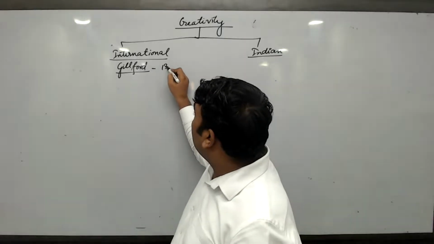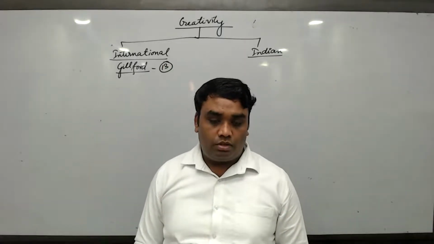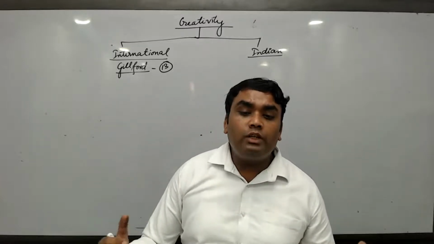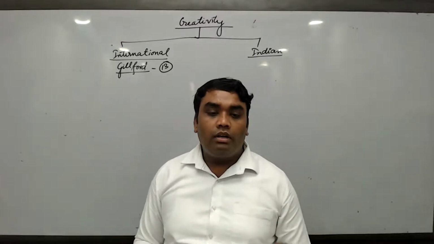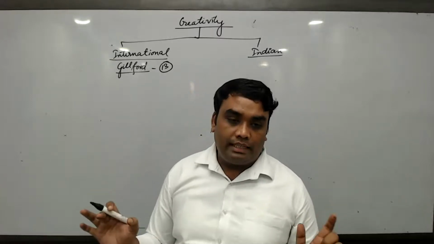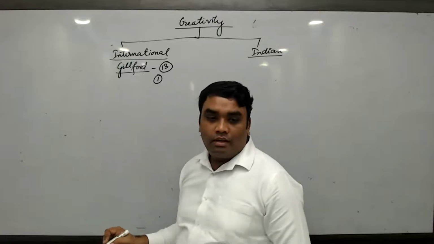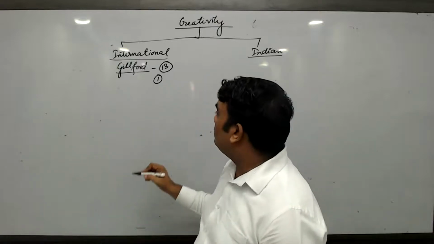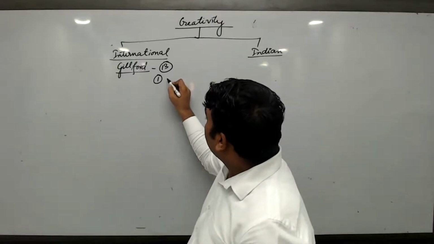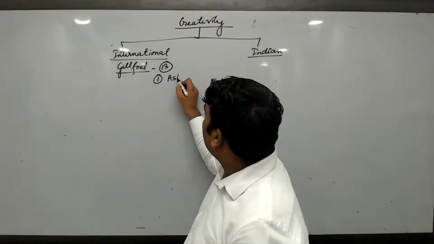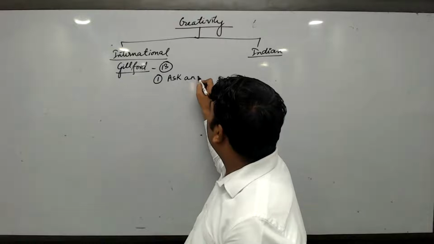Even around 13 parameters were used. But a few of them are important to assess anyone's creativity. He used one of the concepts, that is ask and guess.